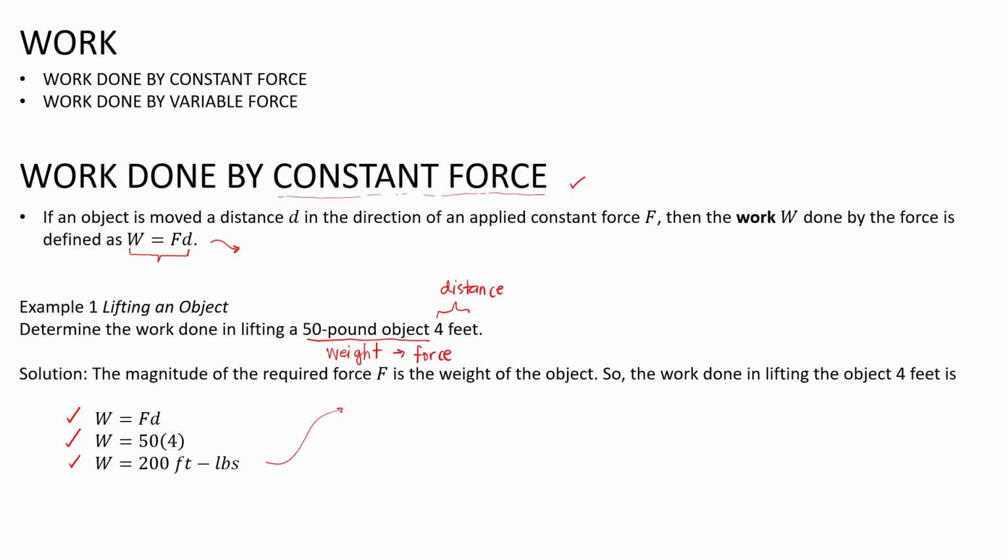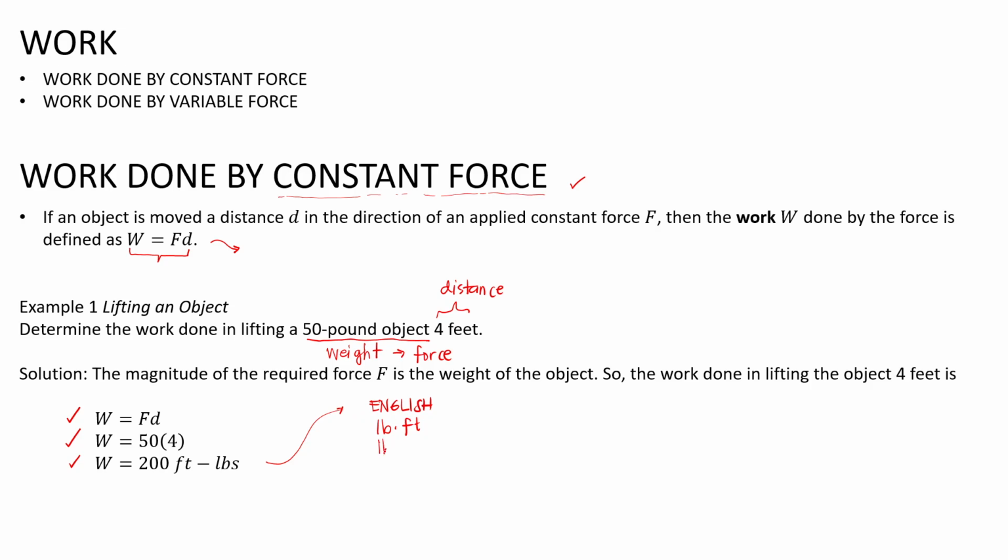If you forgot the units for work, work is force times distance. In the English system, you may write it as pound foot, or in this manner, foot pound. Since it is just the commutative property of multiplication, you can reverse the terms.